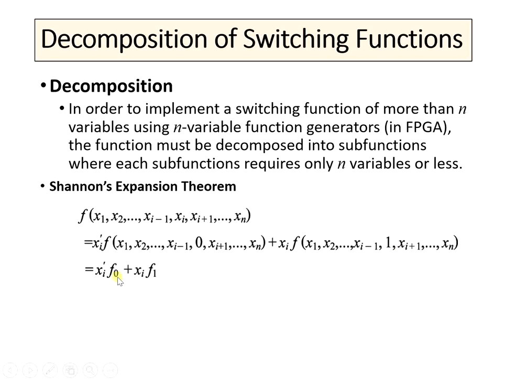So this function can be written as xi dash f0 plus xi f1. Let us understand this Shannon's expansion theorem in detail with an example.